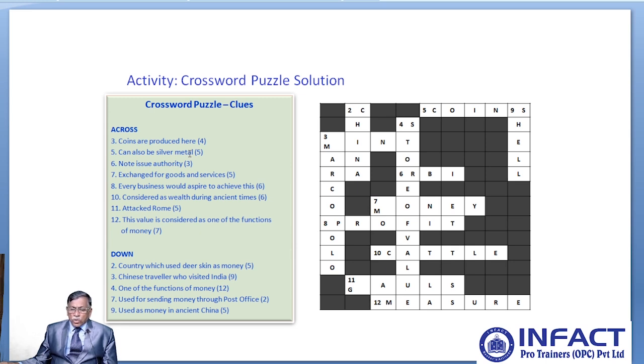Then used for sending money through post offices. In short form, it is called MO, that is money order. Then used as money in ancient China, that is number 9, that is shell. The normal shell was used by Chinese people as money in those earlier days.